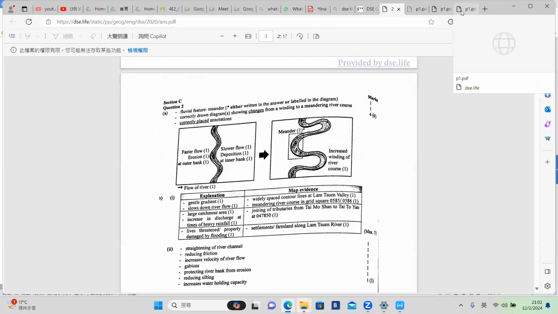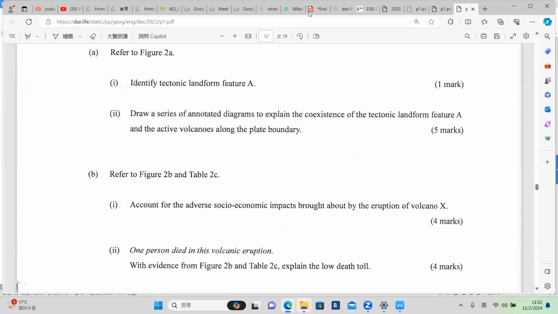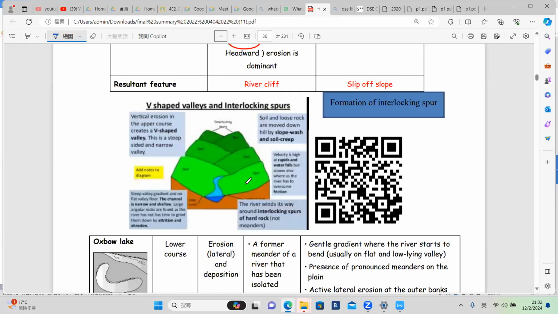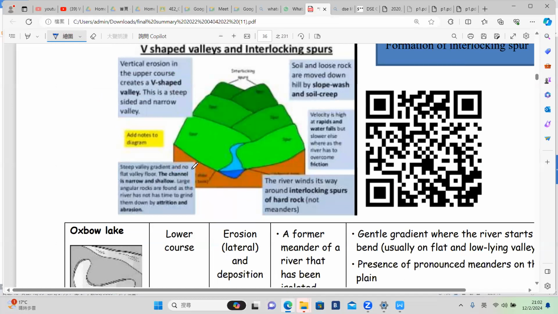The interlocking spur only appeared in the CE, a long time ago, at least 90-something. But anyway, I'll give it to you. First of all, we start with the V-shaped valley.